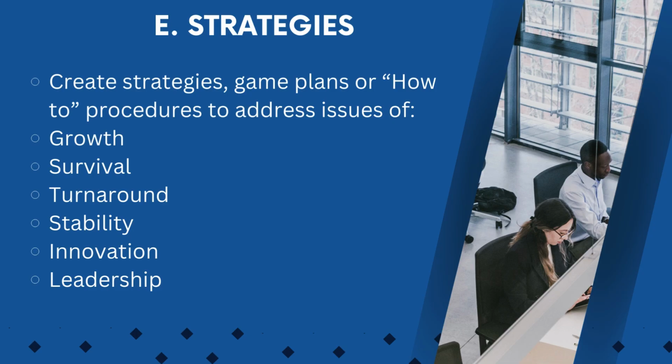This is done by creating strategies, which are descriptions of the game plan or how-to procedures to reach the stated objectives. The strategy could address issues of growth, survival, turnaround, stability, innovation, and leadership, among others.